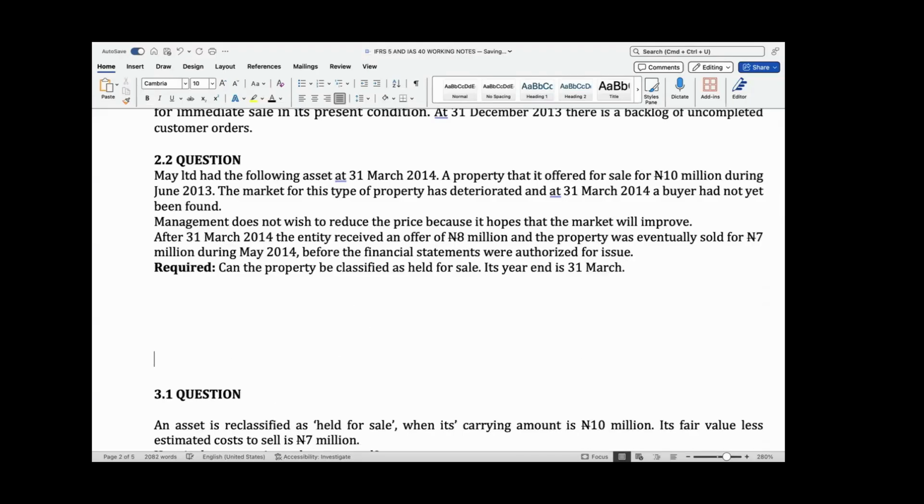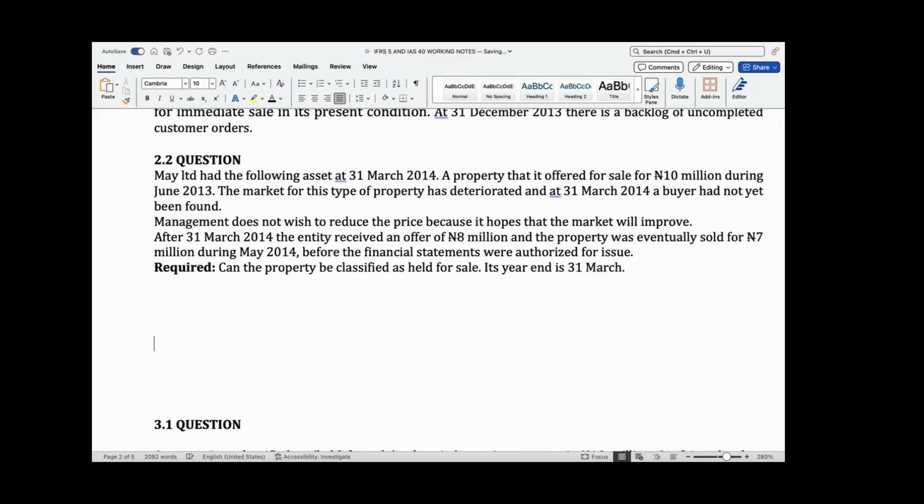May Limited had the following asset at 31st March 2014. A property that is offered for sale for 10 million naira during June 2013. The market for this type of property has deteriorated, and at 31st March 2014, a buyer had not yet been found. Management does not wish to reduce the price because it hopes that the market will improve.